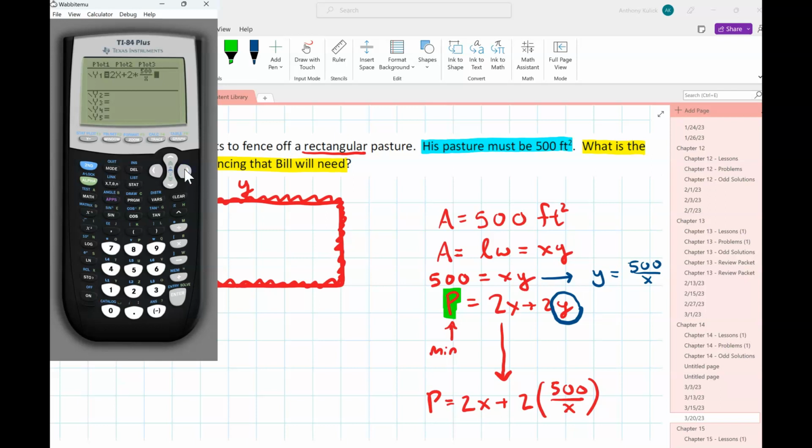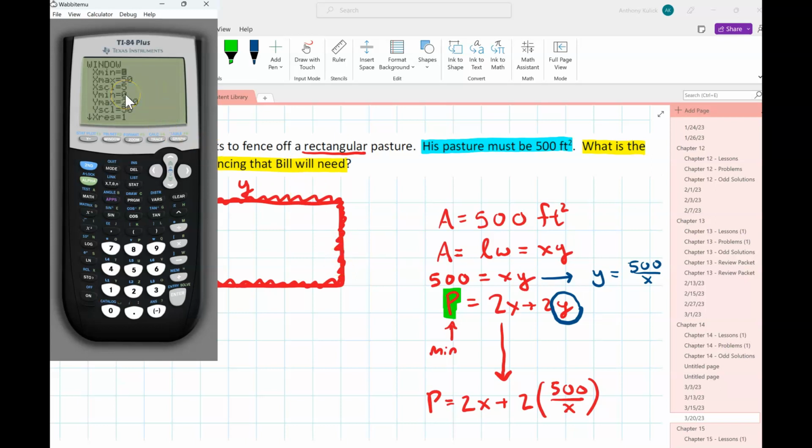So I'm just going to type in my equation exactly like it looks on my sheet of paper. I'm going to set my window. X is representing a distance, so I'm going to set the x minimum at 0. And the x maximum, I just picked 50. That seems like plenty. Like 50 is one of the side lengths of the pen.